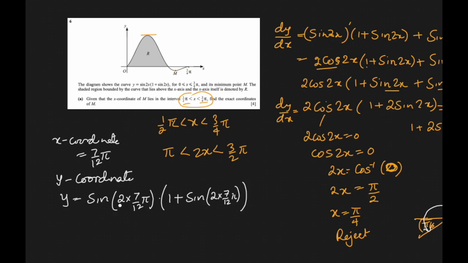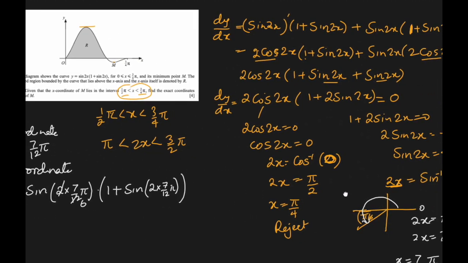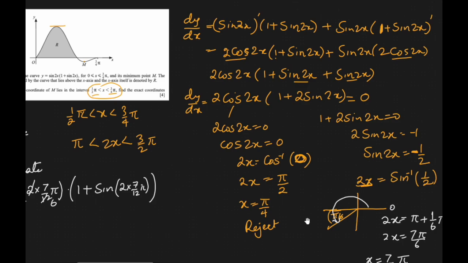What do we get here? 7 over 6 pi. Oh, we already got this answer here, which was sin, negative half.